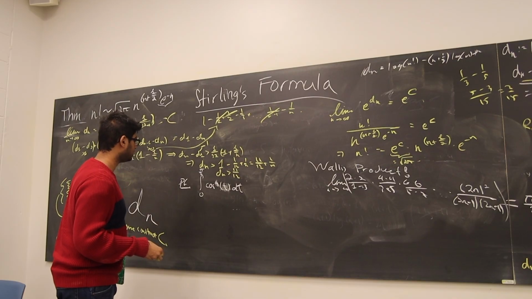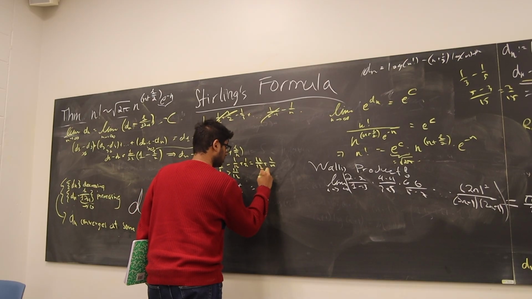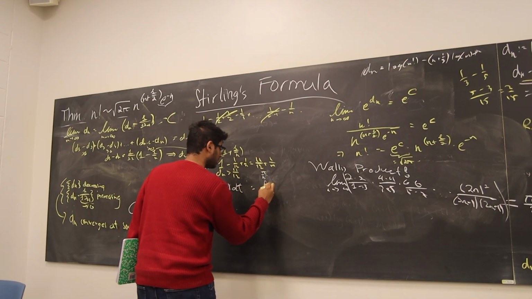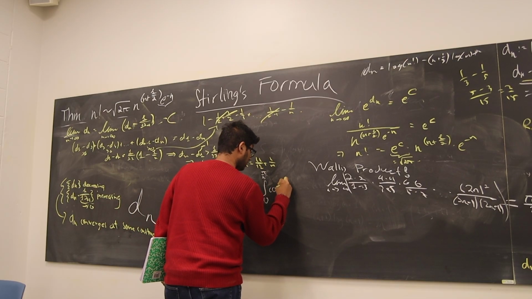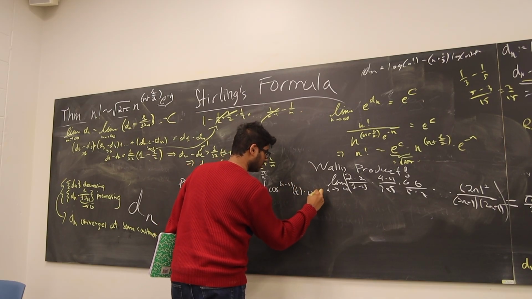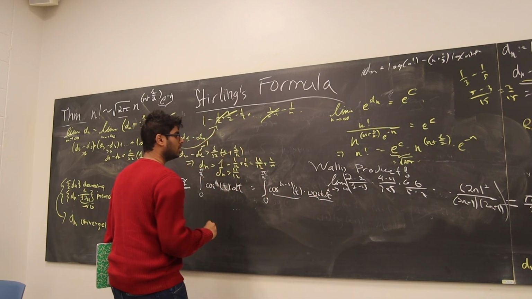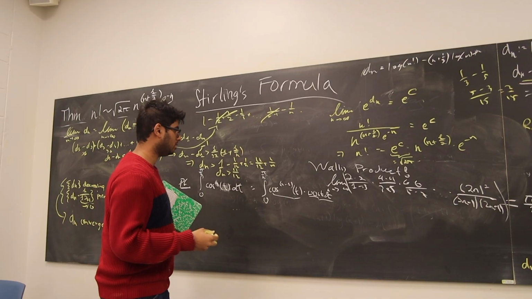The idea is we break this up into the integral from 0 to pi over 2 of cosine to the n minus 1 t times cosine t dt. So this part is going to be your u and this is going to be your v prime. I'll save you the pain and do it myself.